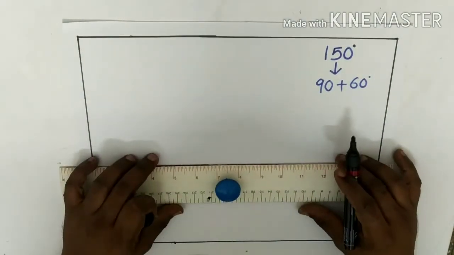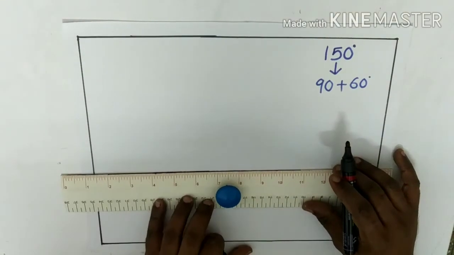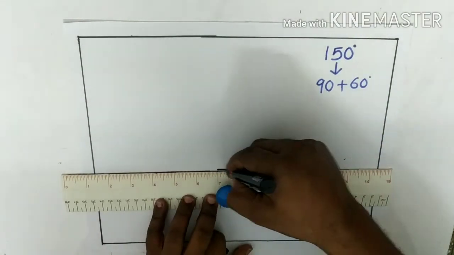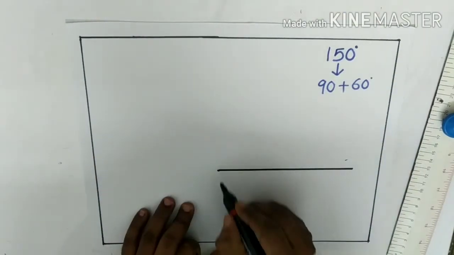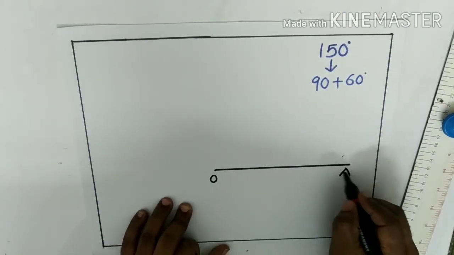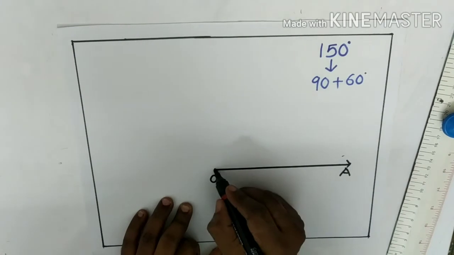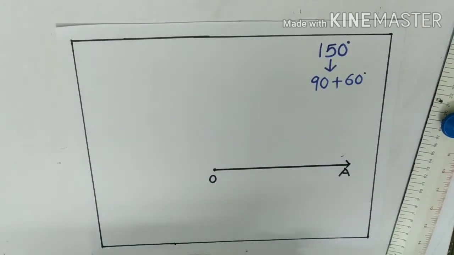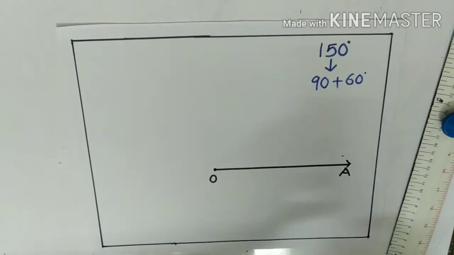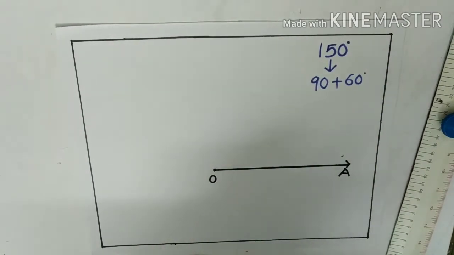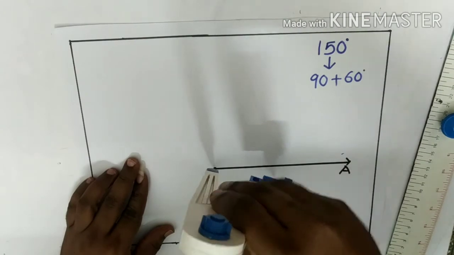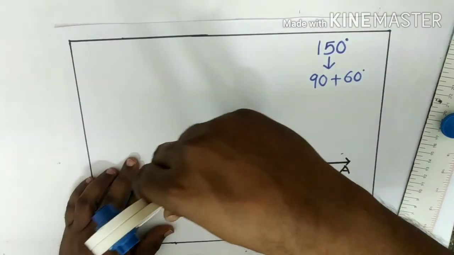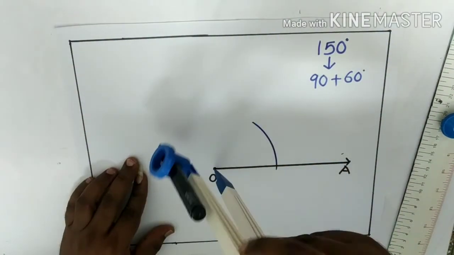Now I am taking a line OA, which is a ray. Now 90 degrees I am going to construct. So the basic construction is 90 degrees, my dear.